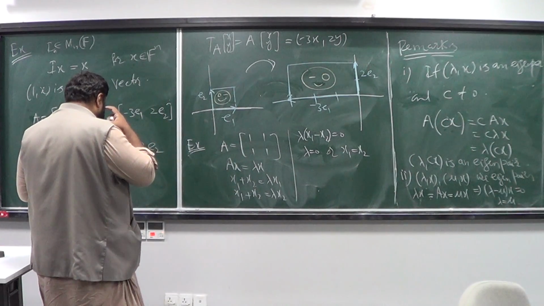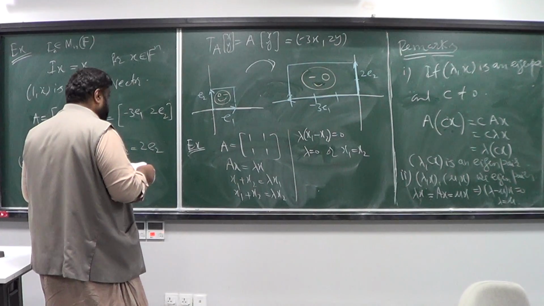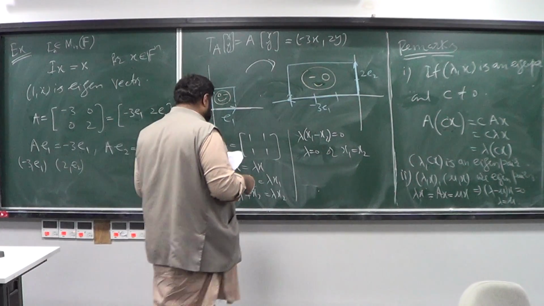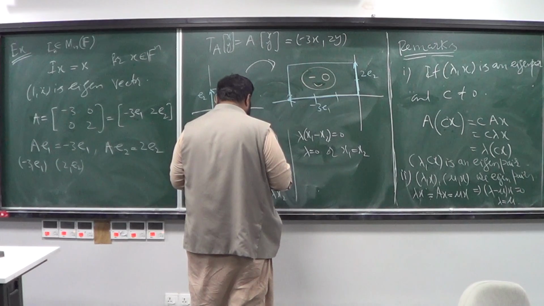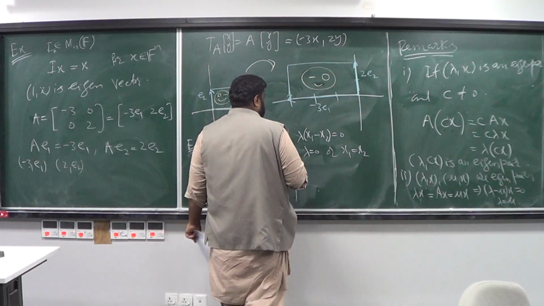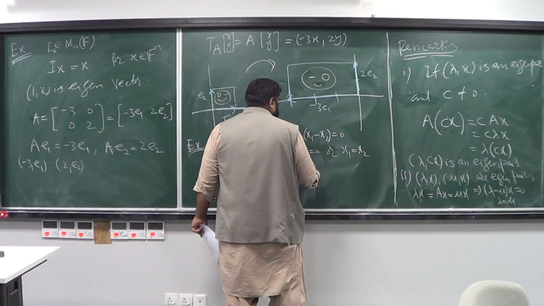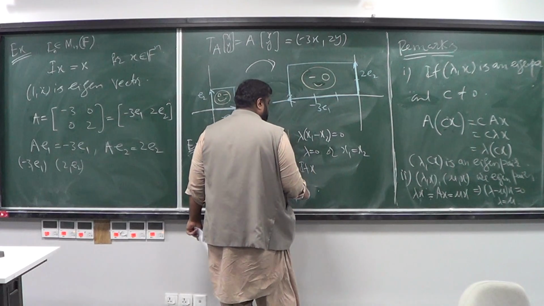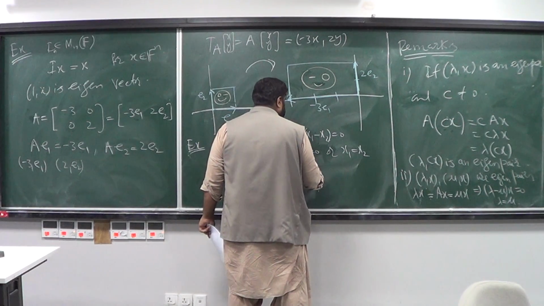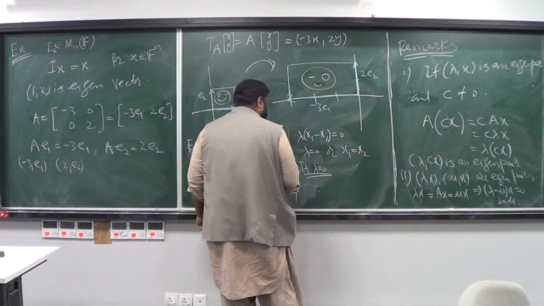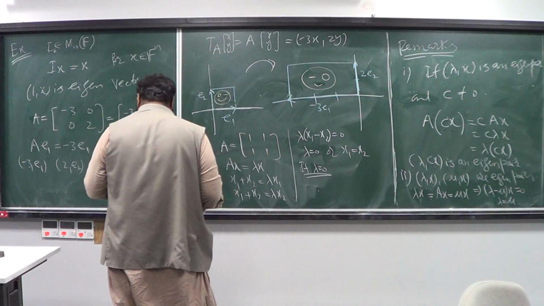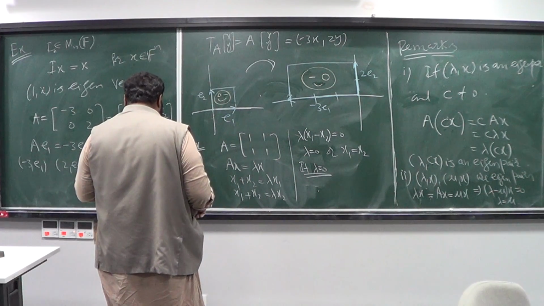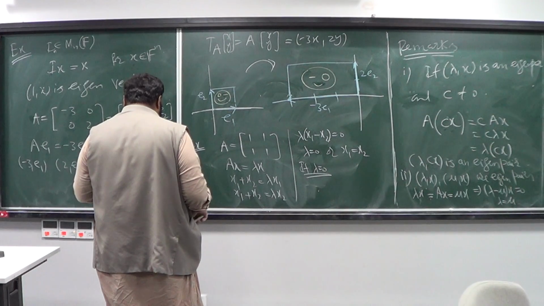If lambda is 0, then x1 plus x2 is the only constraint imposed.